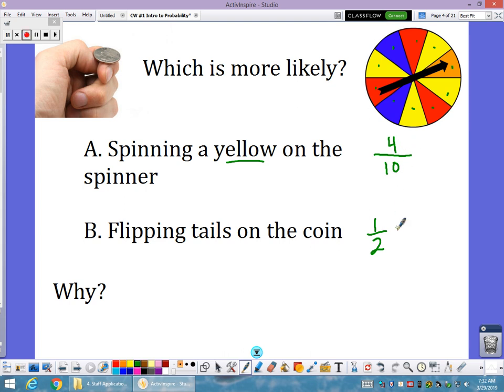Just looking at these fractions, maybe it's a little tricky to tell, but half here would be 5 out of 10. We would need it to be at least 5 out of 10 to be equal, so this is less than that. So which is more likely? B would be more likely, because less than half of the blocks are yellow, so it's less likely.